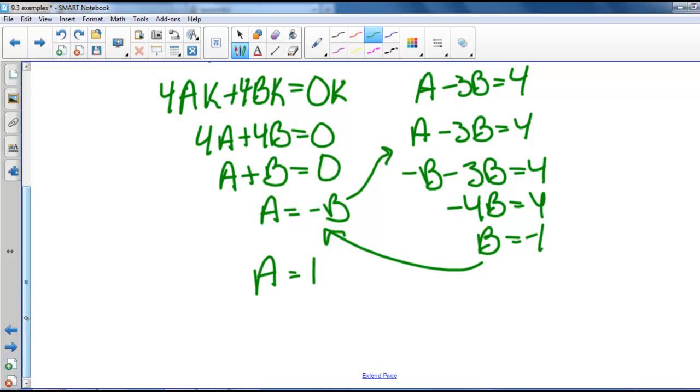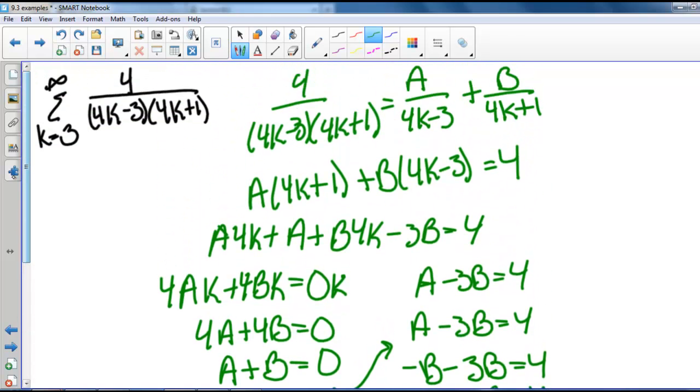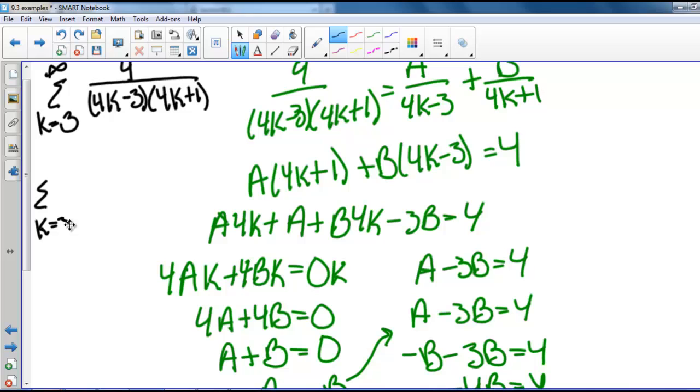So we can rewrite this using partial fractions as the series from k equals 3 to infinity of 1 over 4k minus 3 plus negative 1 over 4k plus 1. So now we have a telescoping series.